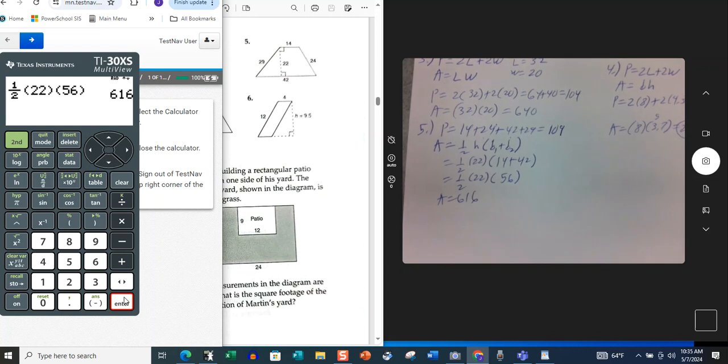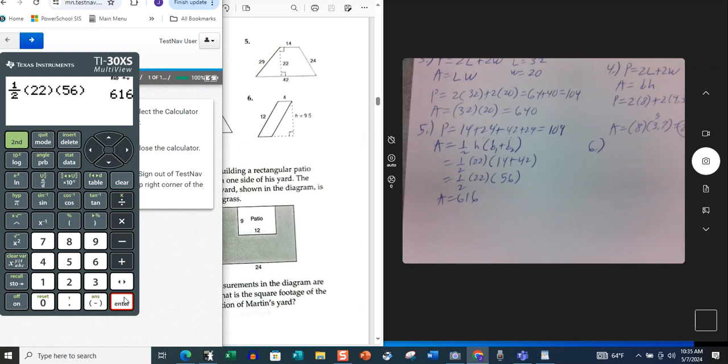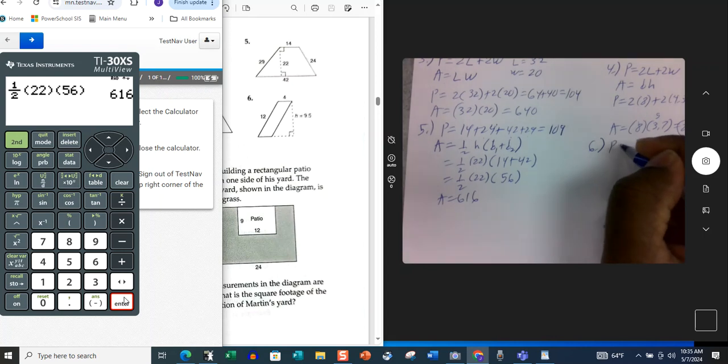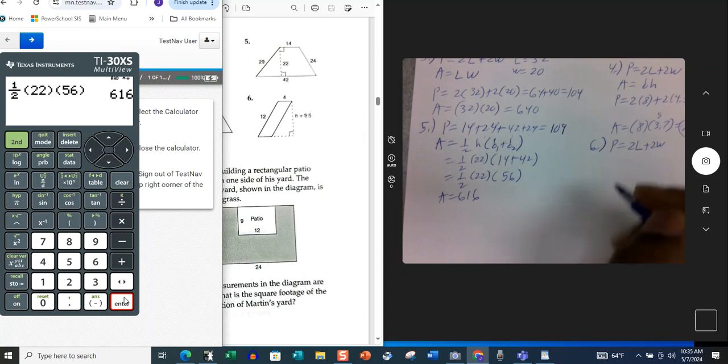Okay, now we look here at problem number 6. Problem number 6 is really just a parallelogram. So what we could do here is, for the perimeter, we could still use 2 times the length plus 2 times the width. Now the area of a parallelogram is the base times the height.